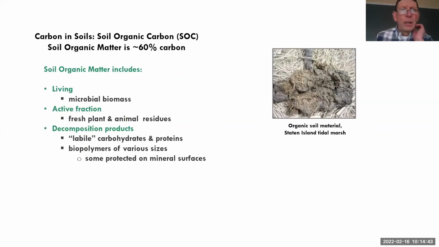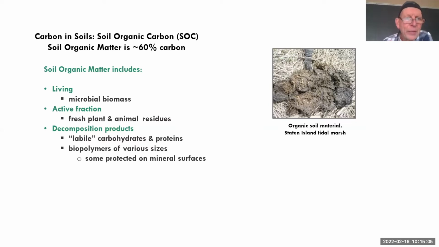So, when you think about carbon sequestration in soils, soils have more carbon than the atmosphere or the above ground vegetation, okay? And mostly it's the soil organic carbon. So organic matter is 60% carbon, approximately.